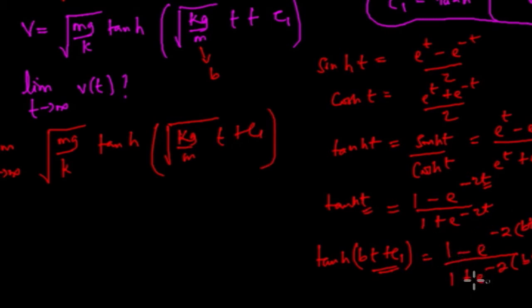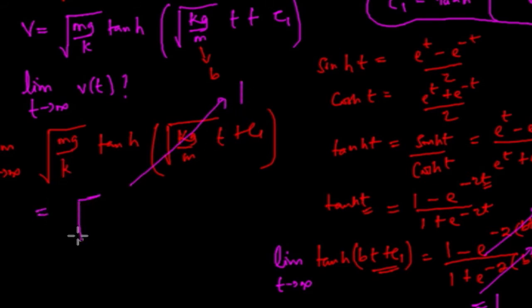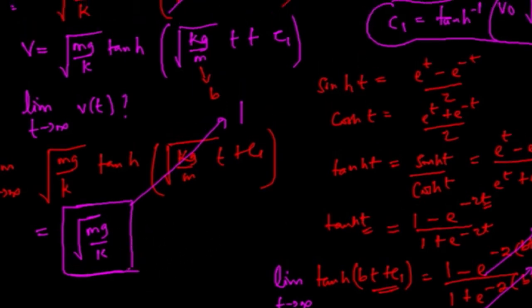When you take the limit as t tends to infinity, you'd observe the exponent is negative, so the exponential terms go to 0, and this whole thing goes to 1. So we'll be left with only root mg over k, and that is going to be our final solution. This is the limiting or terminal velocity.